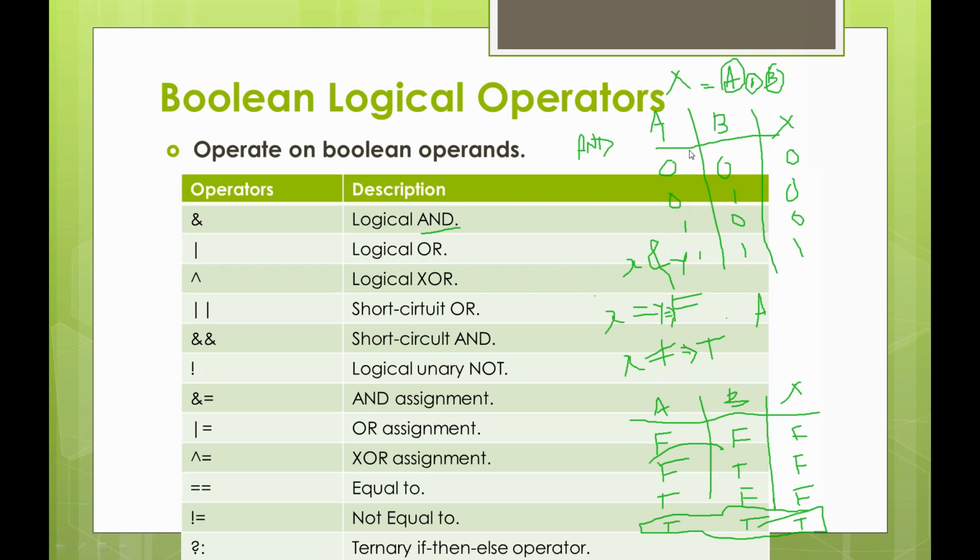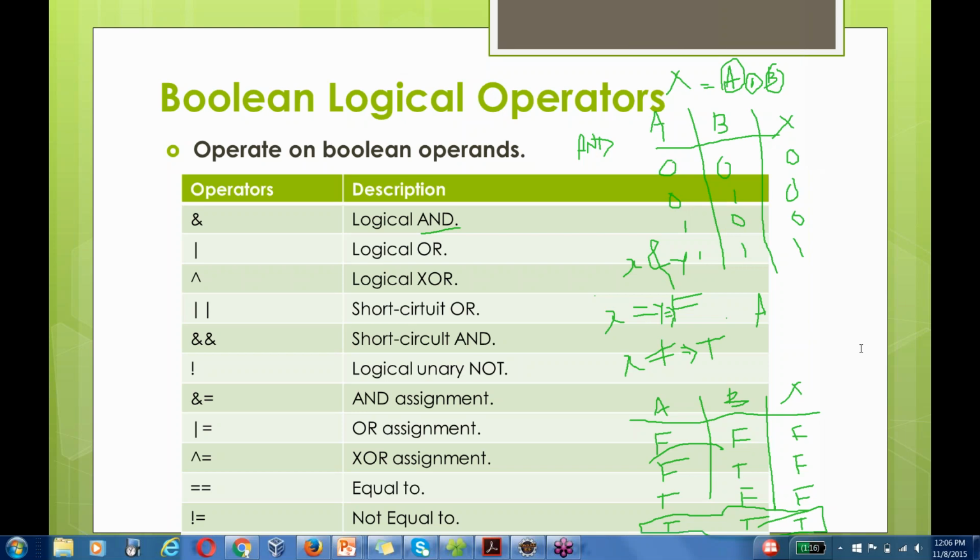So for the AND operator, if both the values are ones, like both the values are true, then only the output is true. Otherwise, if any one is false, then the total output is false, right? Exactly, that is correct. In case of OR, we will see.